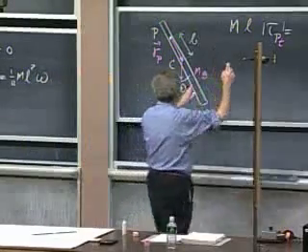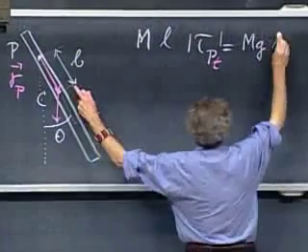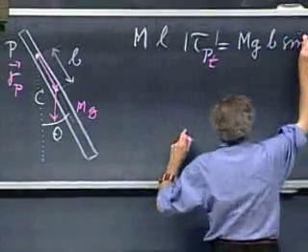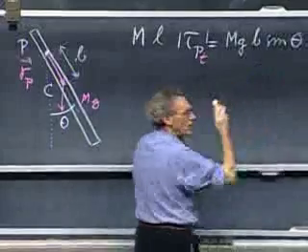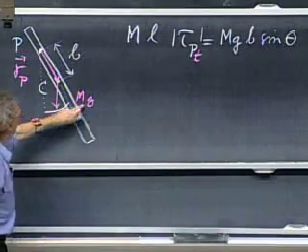So the magnitude of that is going to be mg times b times the sine of theta. This is r cross F, the magnitude of r cross F. This being F, this being r.